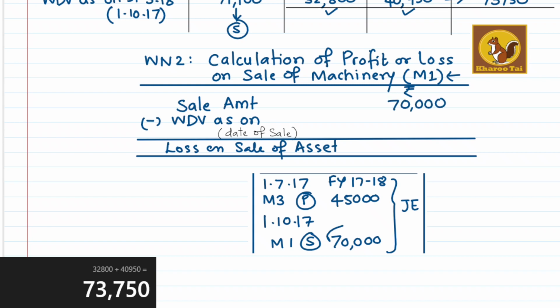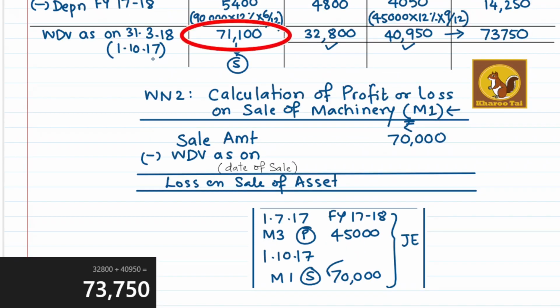And the WDV as on the date of sale was 71,100. So the WDV is more than sale amount. We have received less proceeds, less than the book value. That is, we have got a loss of 1,100.